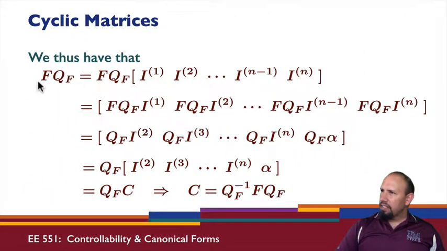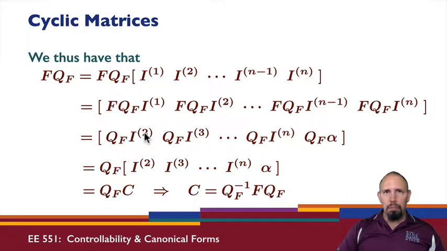And so we have this. F times QF is equal to F times QF times the identity matrix. So notice that these are the columns of the identity matrix. I'm just stacking them one by one. So I'm going to distribute this now through this identity matrix. And so I'm basically multiplying each column of the identity by this matrix FQF all the way through. But I notice that this quantity is equal to this quantity.